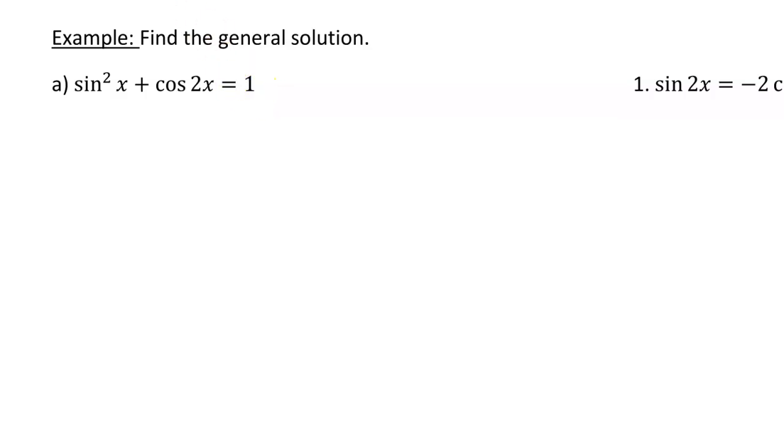You might need your formula sheet if you don't have it memorized yet. What would be a good substitution for cosine of 2x, given that we have a sine squared? There's 3 of them. Which one would you use? Give that a think for a minute.